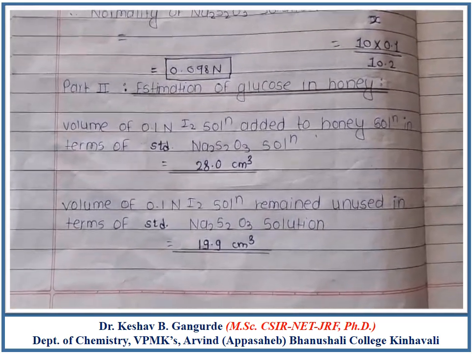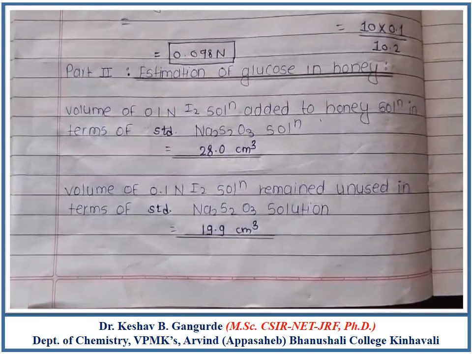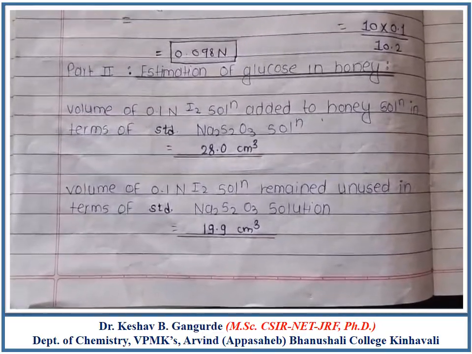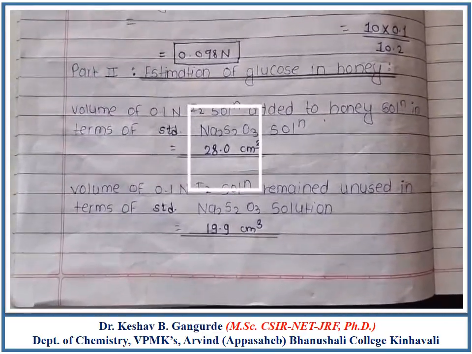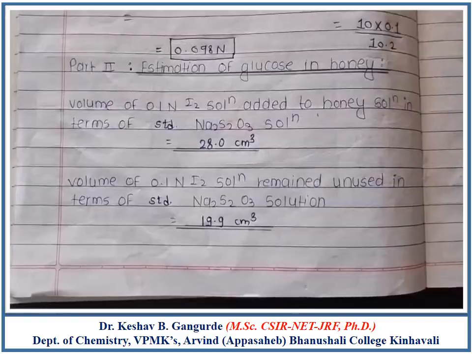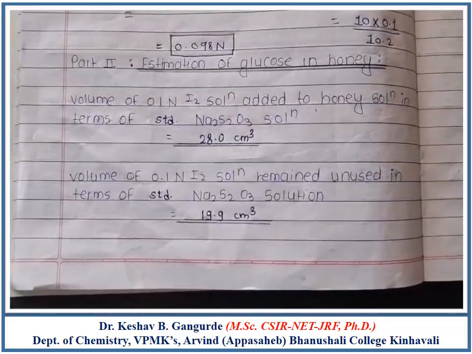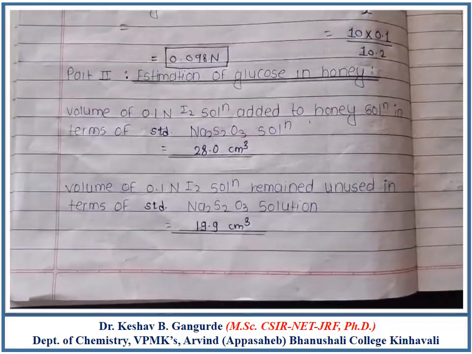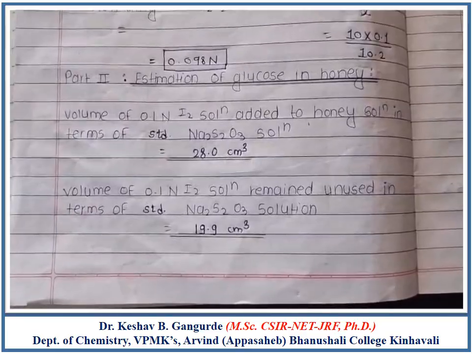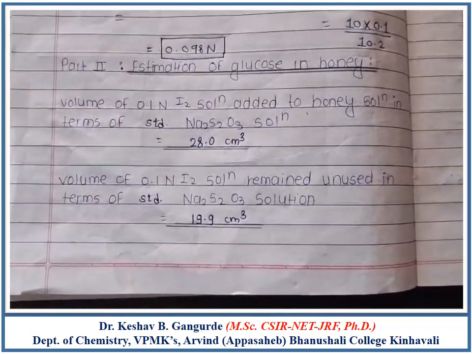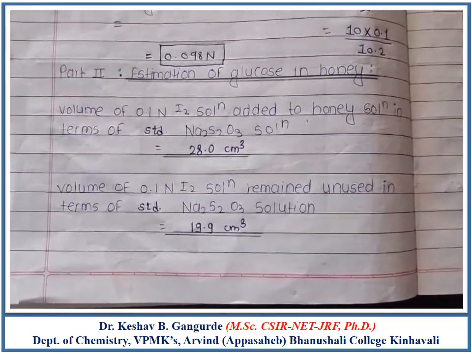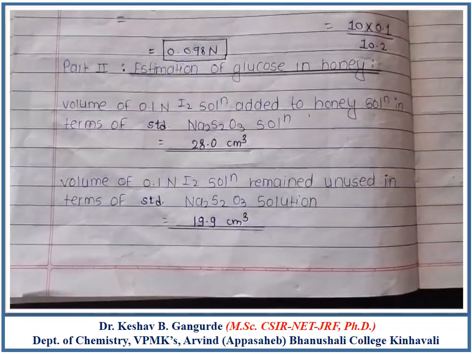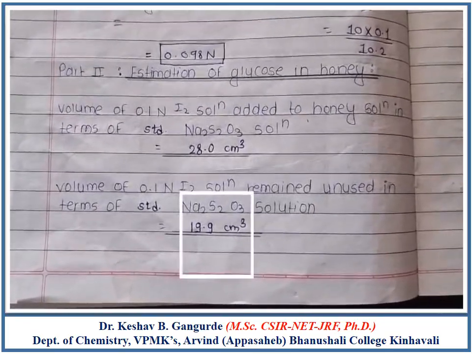Let's do the calculation. In the estimation part, CBR for back titration is 28 centimeter cube. That is volume of 0.1 normal iodine solution added to honey solution in terms of standardized sodium thiosulphate solution is equal to 28 centimeter cube. While the CBR for blank titration is 19.9 centimeter cube.